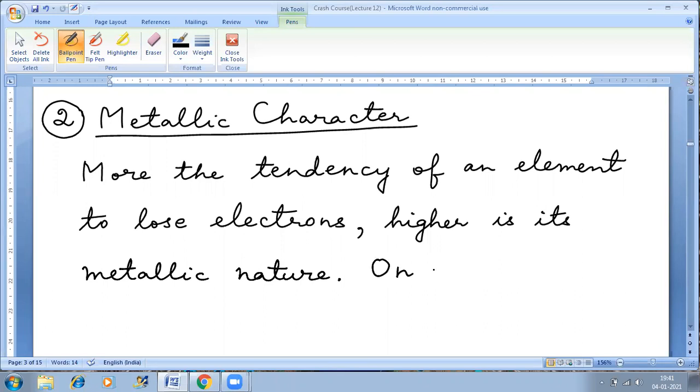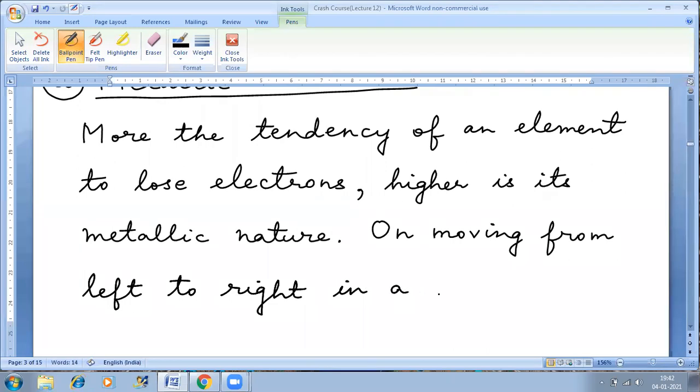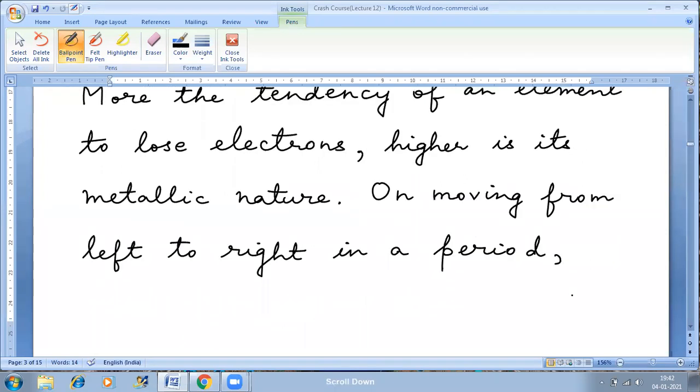On moving from left to right in a period, the metallic nature decreases.